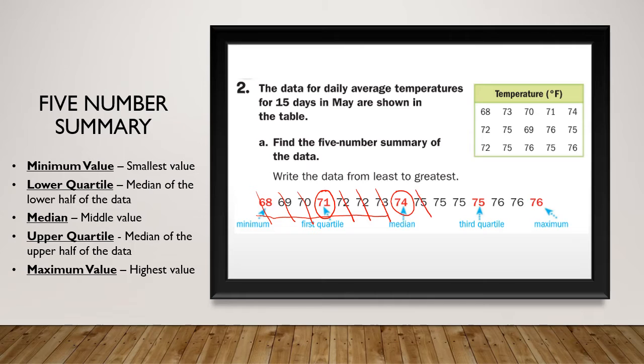I'm going to cross one off on the left, cross one off on the right, and continue until I find that third quartile. Okay, so I got my minimum, labeled in blue, my first quartile or lower quartile, my median, my third quartile or upper quartile, my maximum.